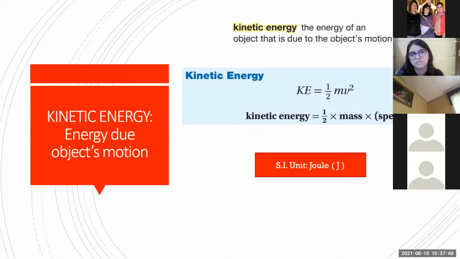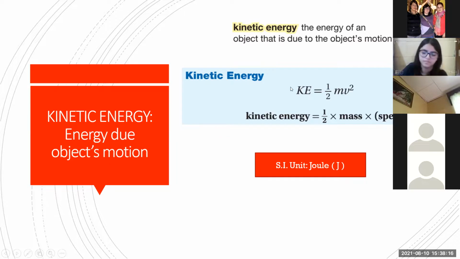Now, let's take a look. Kinetic energy is the energy due to an object's motion, and that is the formula. Very nice formula. And take a look. The unit that we're going to be using for energy is the same that we use for work. That's why the two topics are related. Work and energy are related. They're being measured in the same units. But the formula is different.